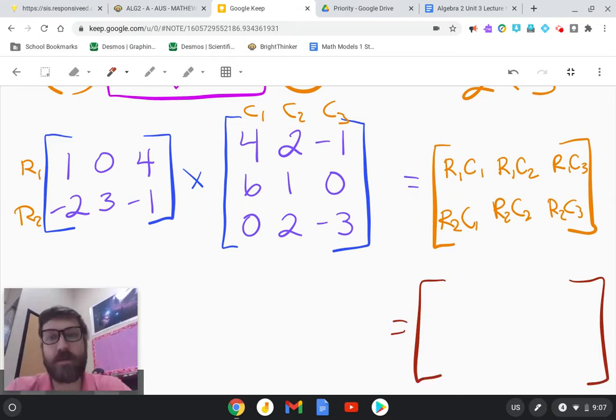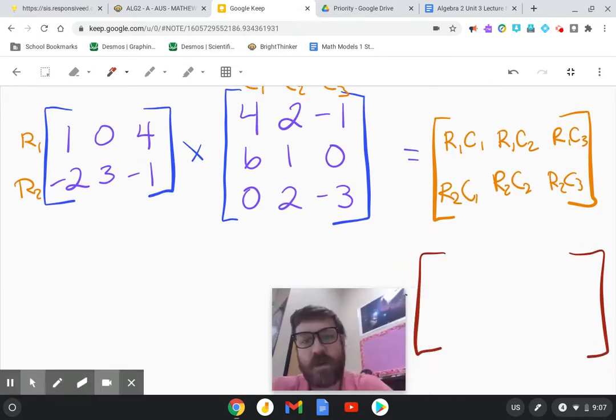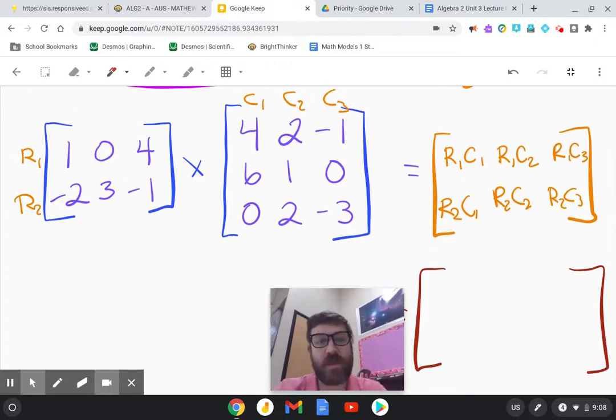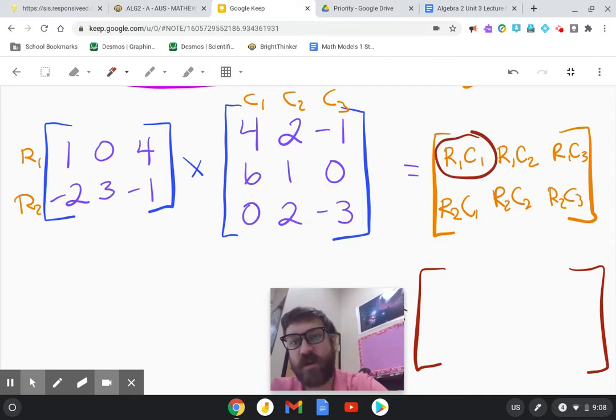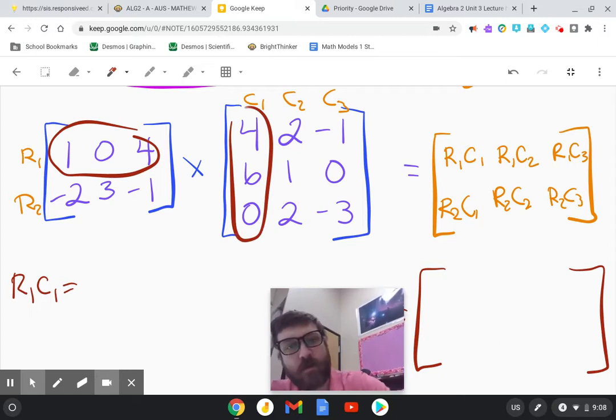Now it does get a little bit complicated from here, because what we then have to do is multiply each element from row 1 times each element in column 1. And that's going to give us the answer here. Let me show you what I mean by that. Again, we're going to start by doing row 1, column 1. Row 1 is this row, column 1 is this column.